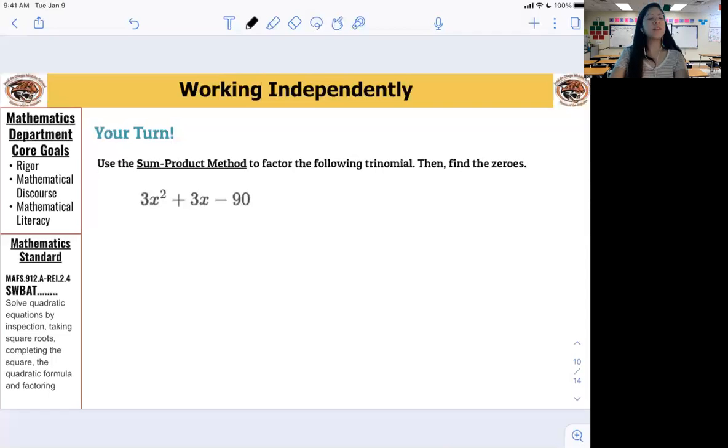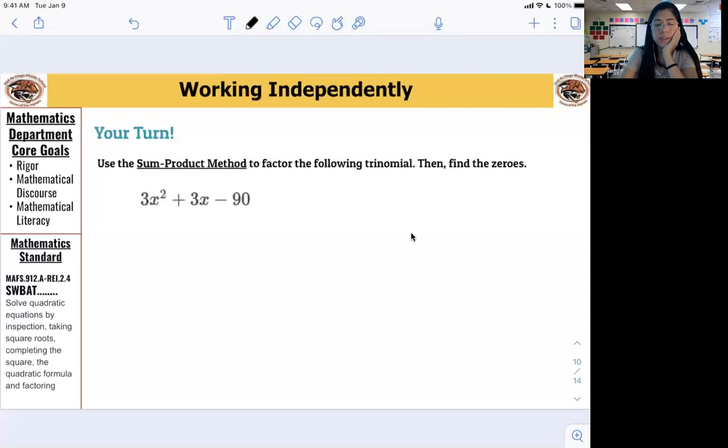All right, guys, about 30 seconds remaining. And time.